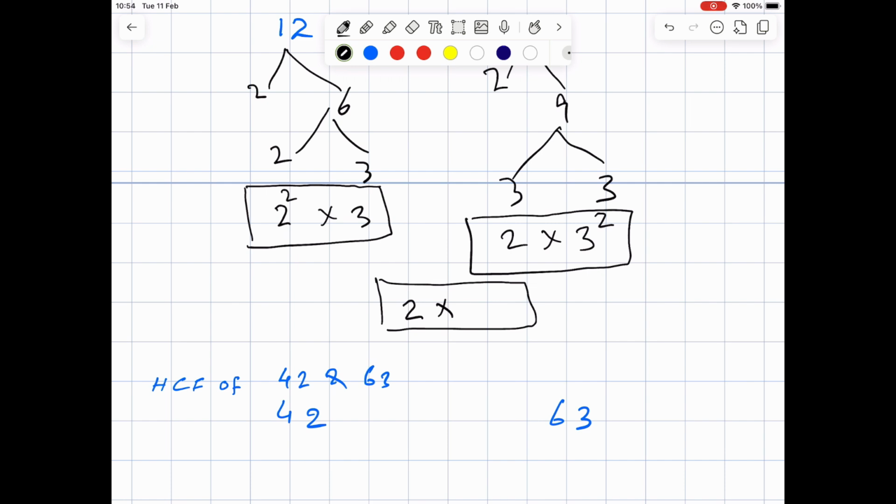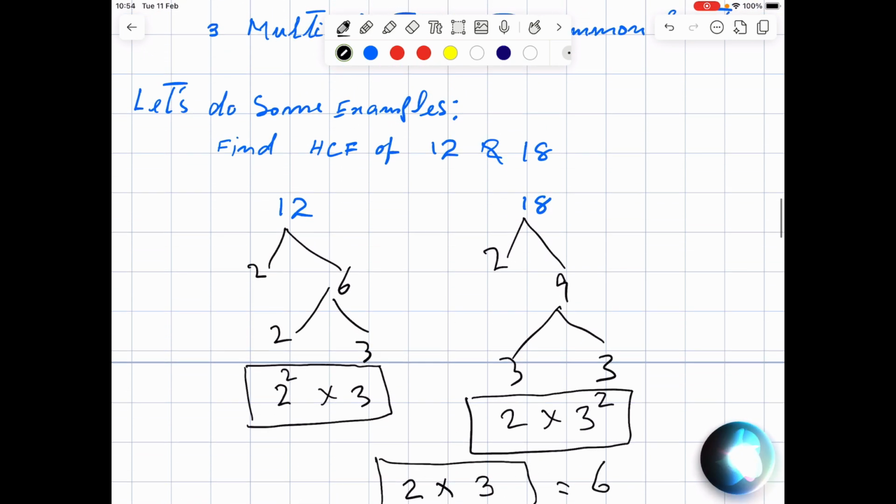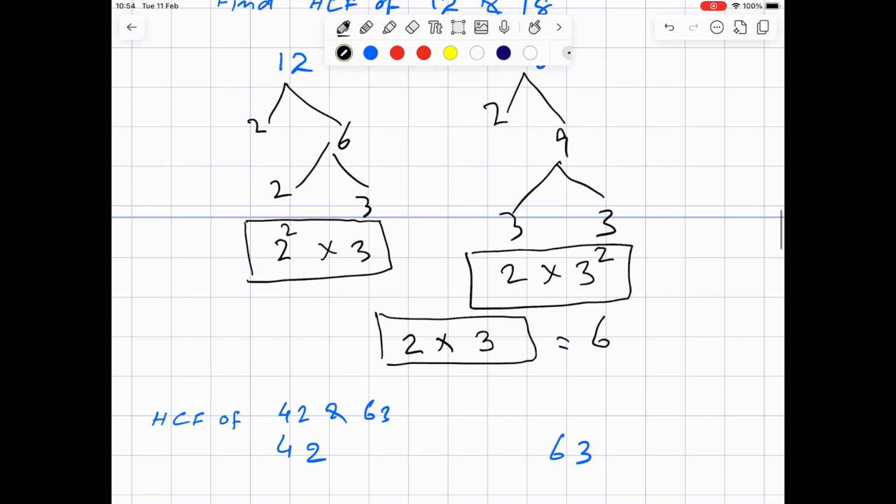Because there is a single 3, only one 3 in both sets, when we multiply 2 times 3 it gives us 6. So the HCF of 12 and 18 is 6.